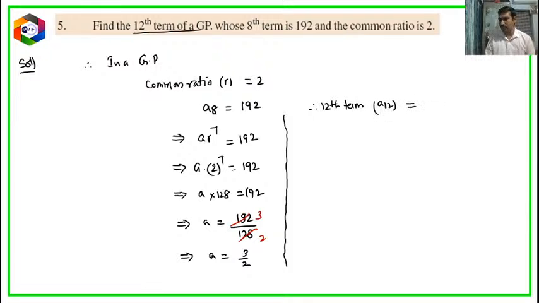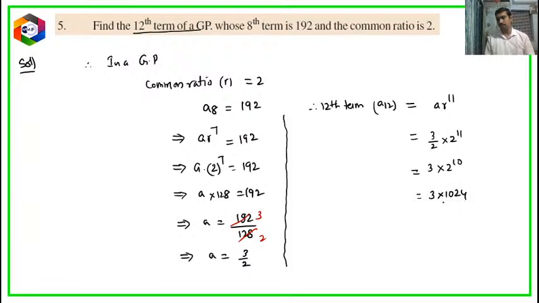A12 we can write as A R power 11. Now we already know the A value and R value. Let us substitute: A value is 3 by 2 and R value is 2. So 3 by 2 into 2 power 11. Here 2 power 11 means one 2 will get cancelled, so 2 power 10 remains. 2 power 10 is 1024.